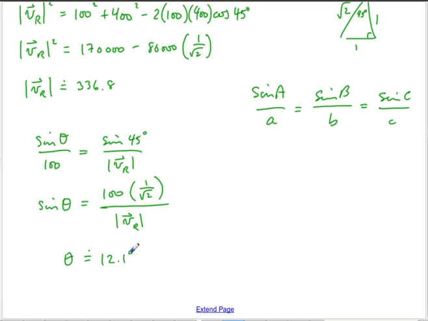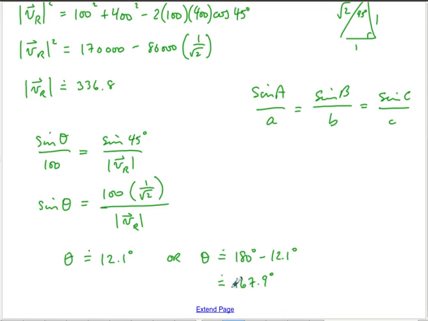But remember, we have the ambiguous case, or we have to consider 180 degrees minus 12.1 degrees, which works out to be 167.9 degrees, and that's approximate as well.